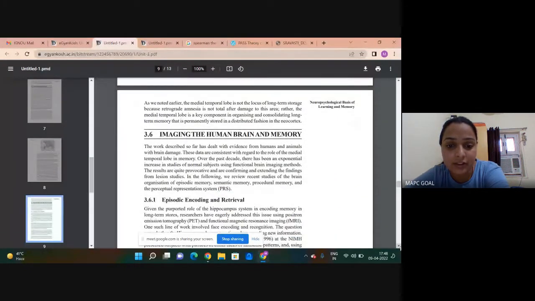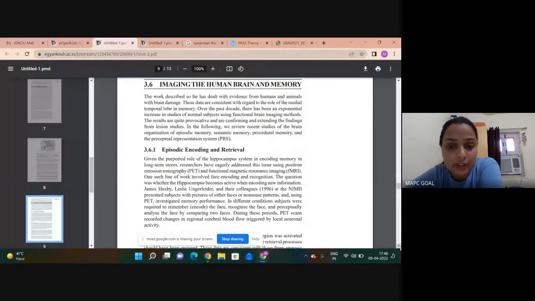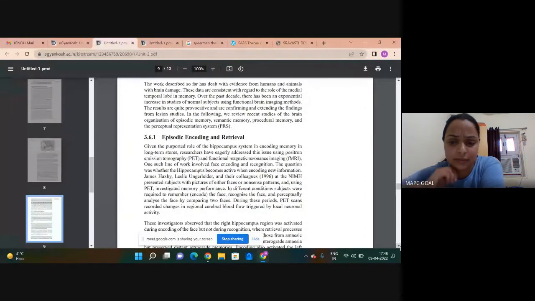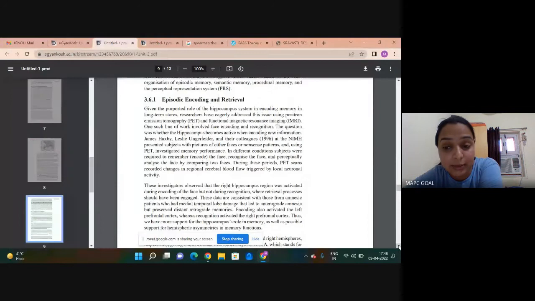Then we have another topic, imaging the human brain and memory. On episodic memory, I am sure you are aware of the brain imaging techniques, PET, positron emission tomography, and functional magnetic resonance imaging, which are used to scan the brain and brain areas.